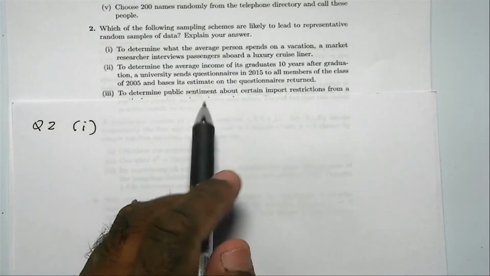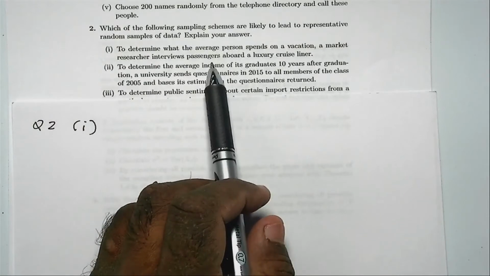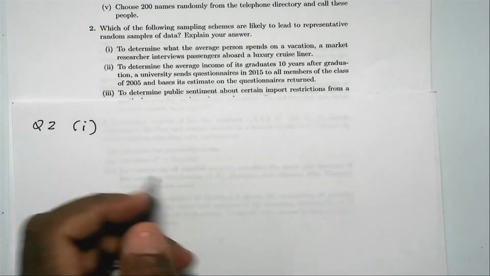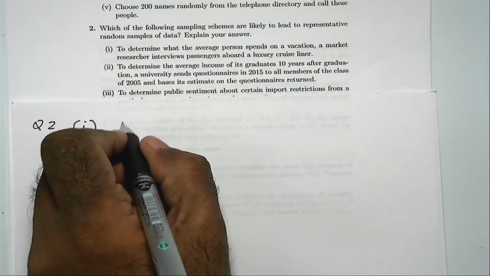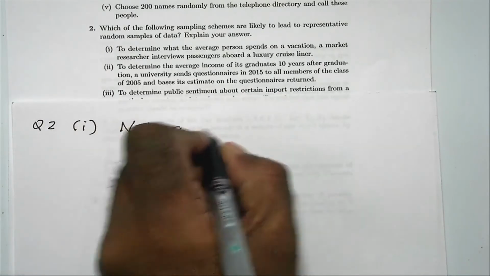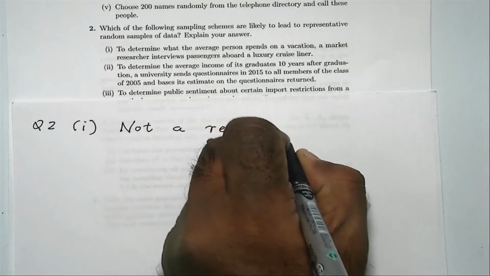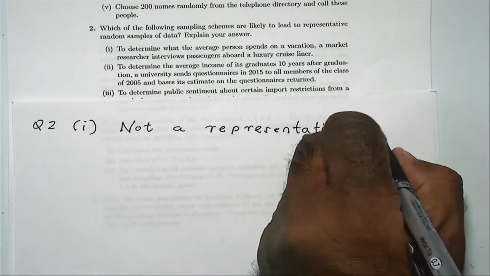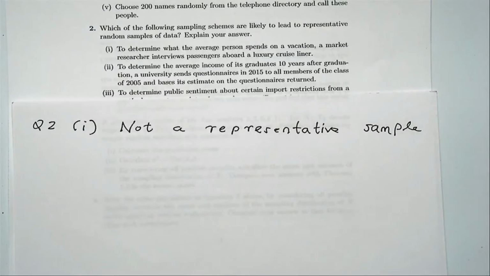To determine what the average person spends on a vacation, a market researcher interviews passengers aboard a luxury cruise liner. In this case, this is not a representative sample, because most people who can afford a luxury liner are likely to be rich people.